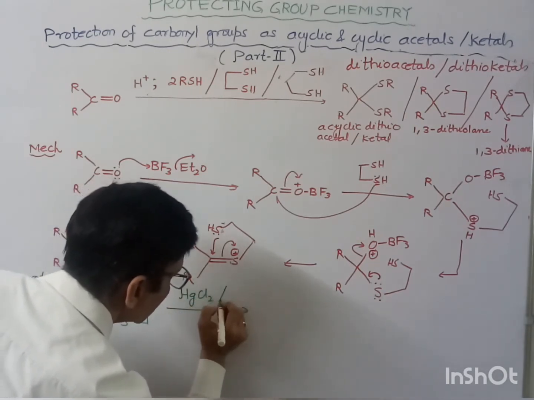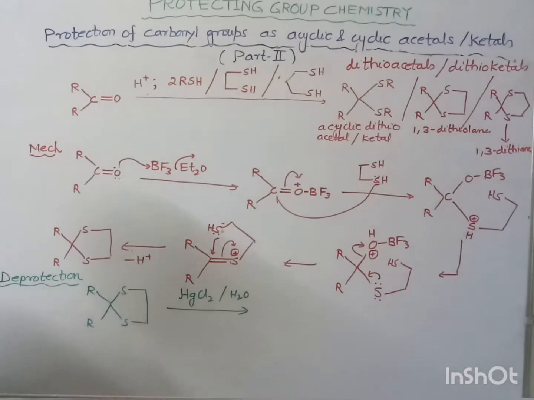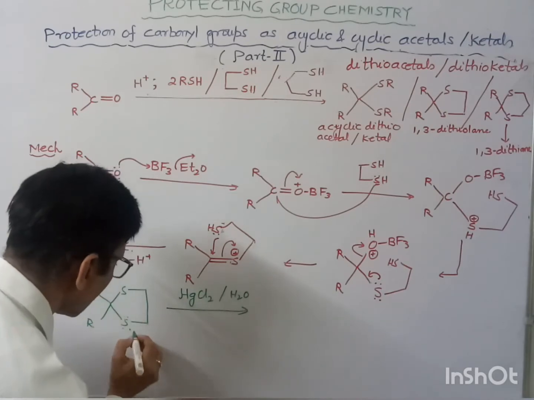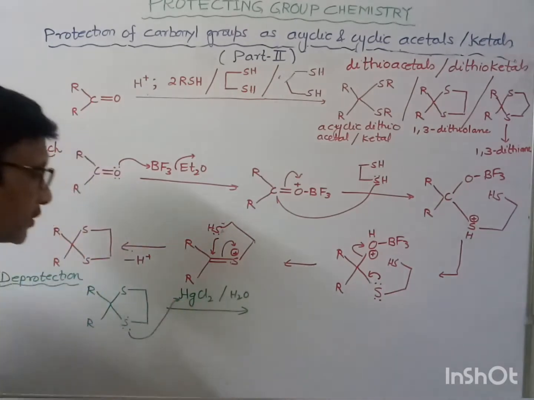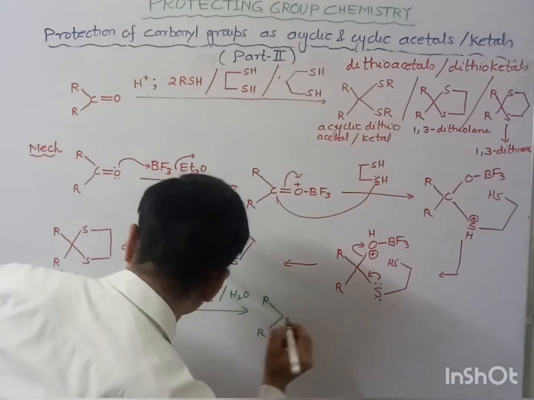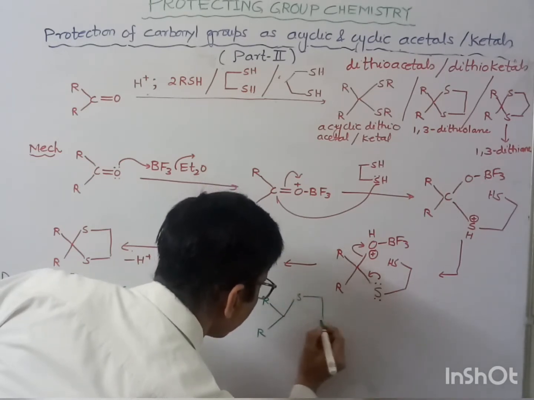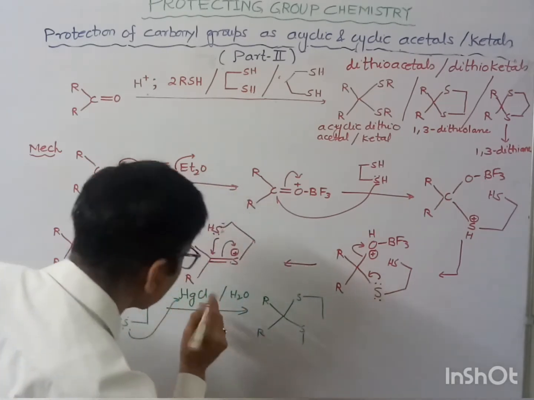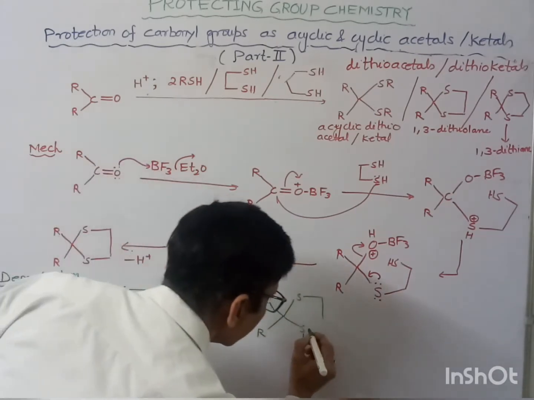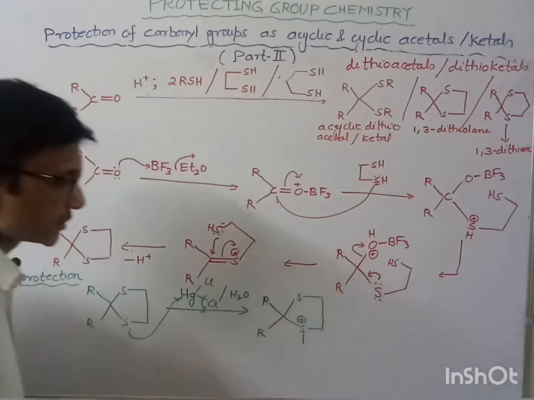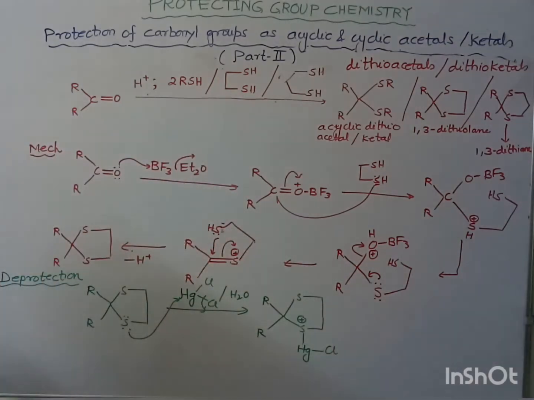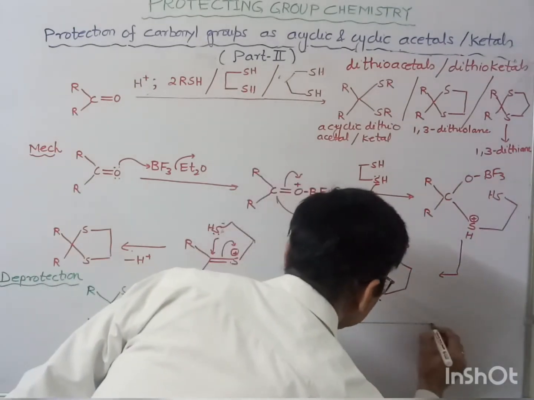So I am taking HgCl2 in presence of H2O, and this can be deprotected. This lone pair will go into the d orbital of the mercury, and one of the chlorines will leave, giving a positive charge over this sulfur, with HgCl attached like this.